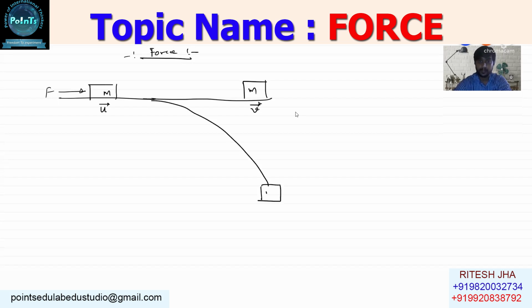Like this can start going in this particular direction, v dash, let's say. In both cases it is changing the velocity, even if the magnitude is the same as this one. But since it has changed the direction, there is definitely an acceleration. So force is something which can produce an acceleration in an object.